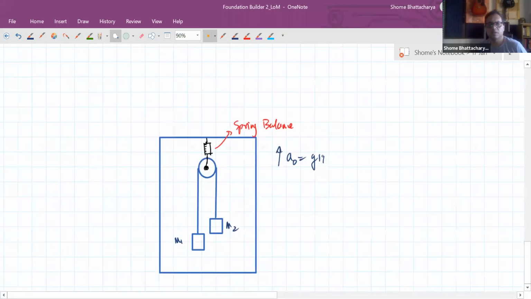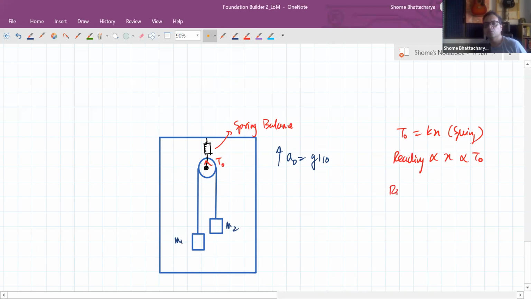So here, now see what is happening is that this will be applying some kind of tension. Let's say that tension is T naught. So that tension T naught is equal to Kx of this spring balance. The reading of the spring balance is proportional to X, which means it's proportional to that tension T naught.